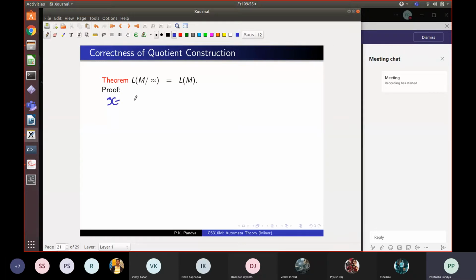We say that x, let me do one thing, let me make my pen thinner. x belongs to the language of the quotiented automaton, the minimized automaton, if and only if delta prime hat of the equivalence class of the start state on string x belongs to F prime, right?